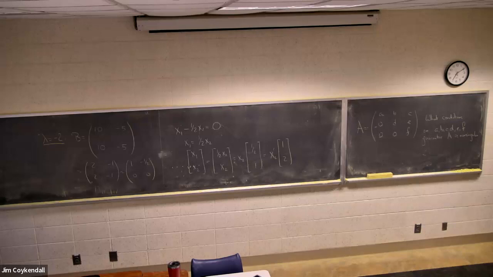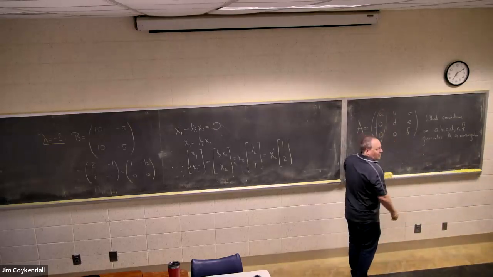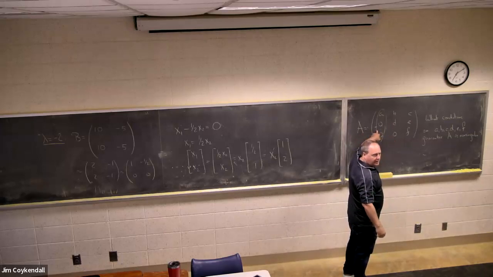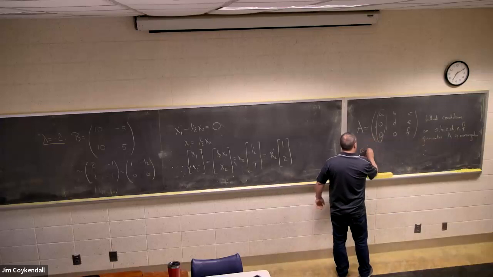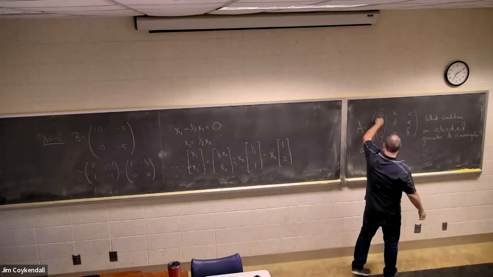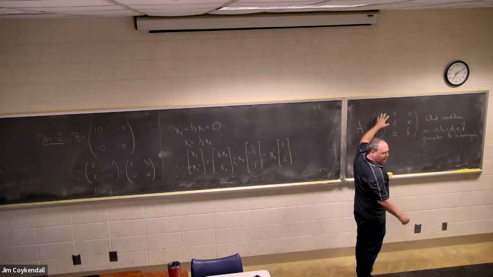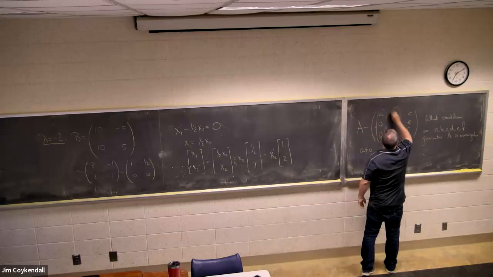So let's look at the columns. What does it take for this column to be pivot? How about this one? Listen, if A is 0, game over, right? Because you don't have enough pivot points. So let's suppose A is not 0.